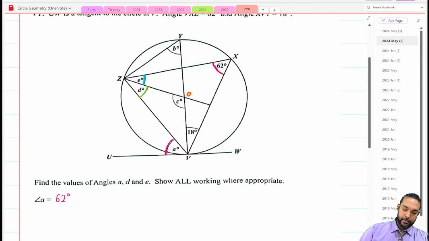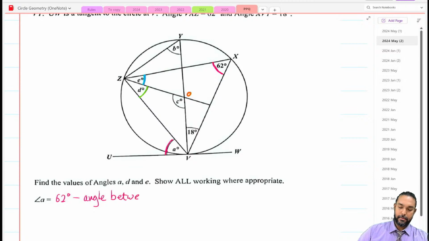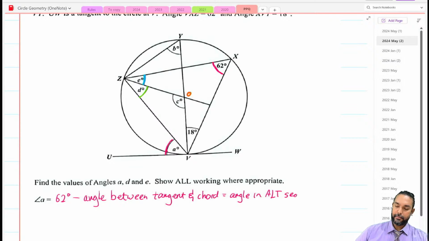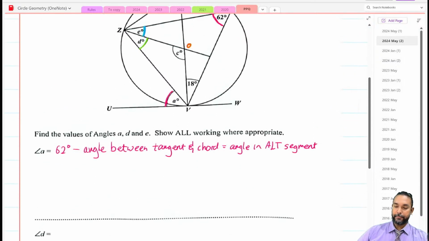So angle between tangent and chord equal to angle in alternate segments. Right? And they give you real room, so, right?